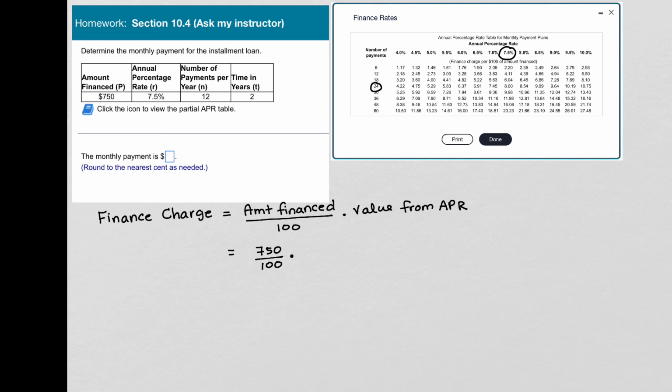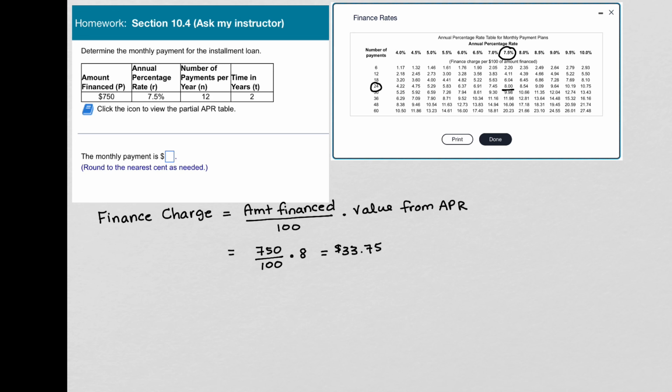And when we see what's the value that corresponds to both of those, that is just 8. And when I multiply that out, I get $33.75 exactly.